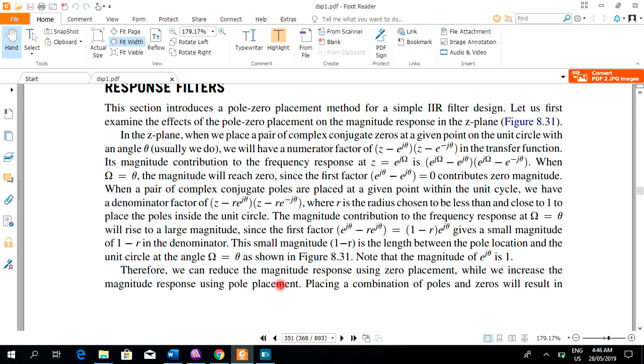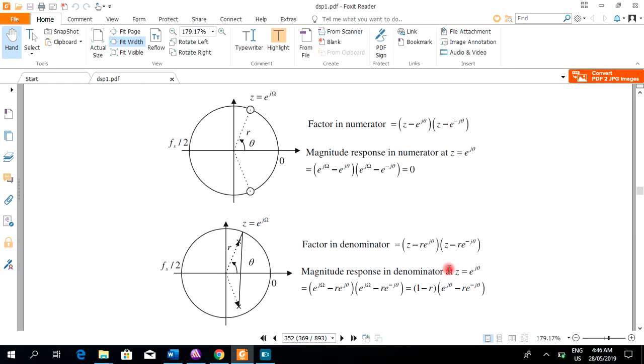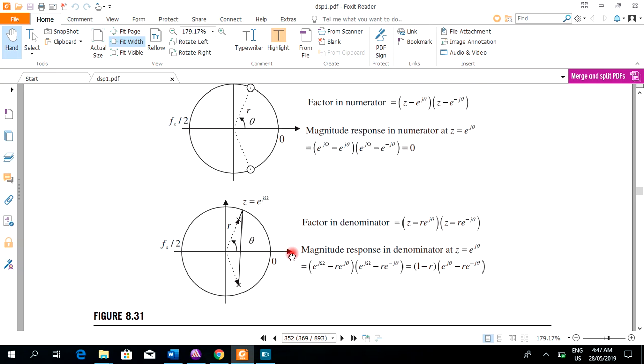So if we want to increase the response, we will have to place poles, and if we want to decrease or reduce the magnitude response, zero placement will be used. This is the graphical representation: the magnitude response, and this is the magnitude response in the denominator.